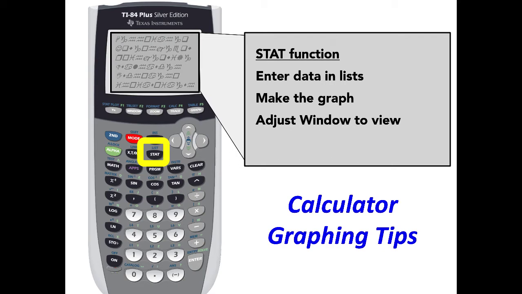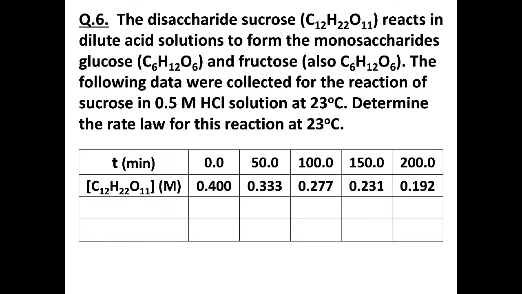That often tells you whether the graph is potentially straight or if it's distinctly curved. So I'd highly recommend actually making the graph and looking at the shape. And then if it is linear or has a chance of being linear, do the linear regression to find the slope. So let's do it with an example.